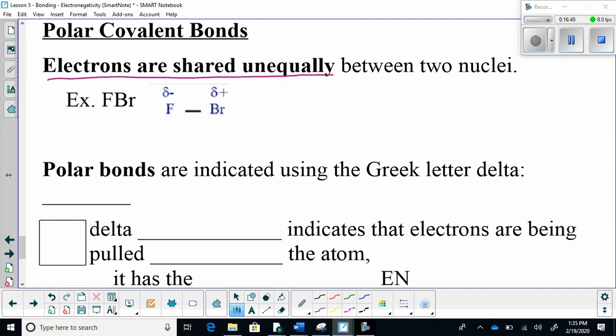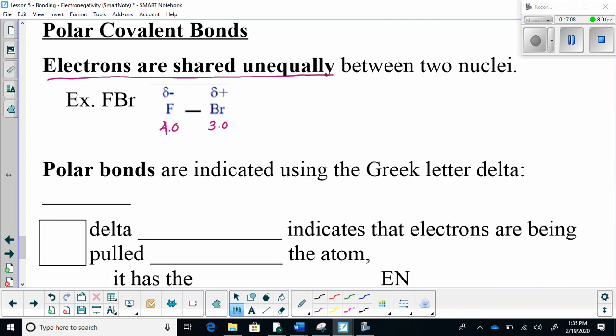Because they're shared unequally, the compound is going to form a slightly positive and a slightly negative side, making a very weak magnet. If we look at fluorine and bromine connected together, we know that fluorine has an electronegativity of 4, and bromine has an electronegativity of 3.